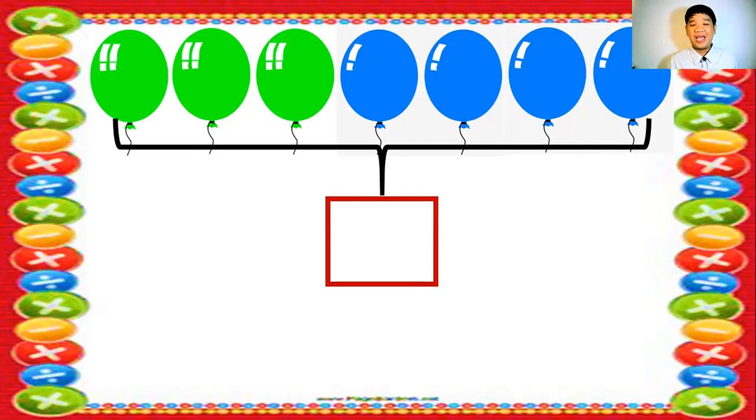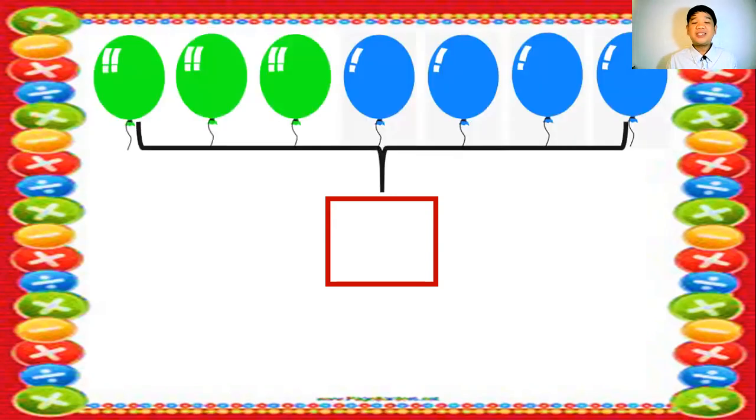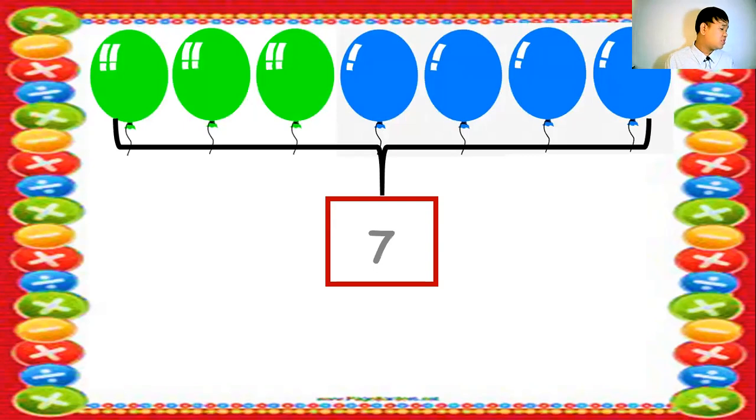So we have 7 balloons all together. Again, how many balloons do we have all together? We have 7 balloons.